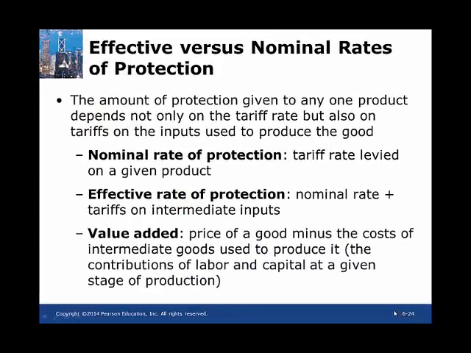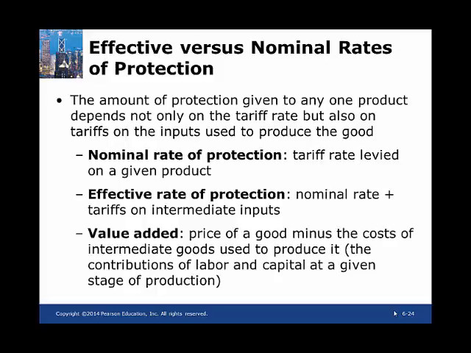Effective versus nominal rate of protection. The amount of protection given to any one product depends not only on the tariff rate but also on the tariffs on the inputs used to produce the good. Nominal rate of protection: tariff rate levied on a given product.